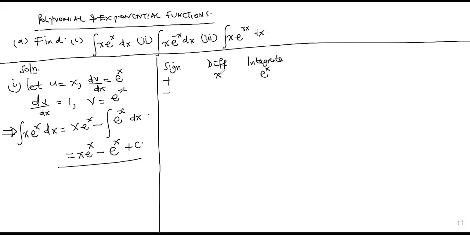When the sign is negative, when you differentiate x, you get 1. When you integrate, it keeps the same, e^x. When the sign is positive, you differentiate, you get 0. You integrate, you get e^x. Then you match. This one will match with this, and this one will match with this, of course, with your table completed and closed.